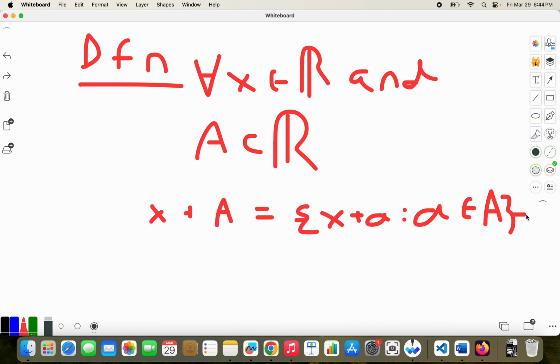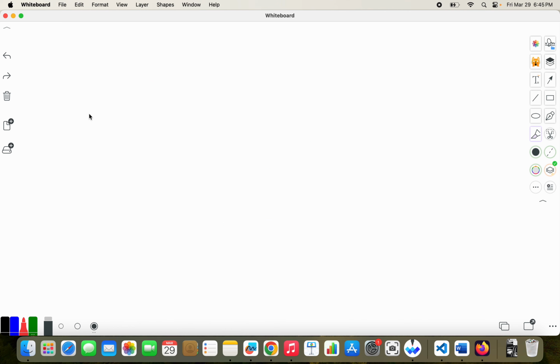So if you want to do 5 plus the natural numbers, you add 5 to everything. So the set will be 6, 7, 8, 9, 10. So basically just adding a specific value to each of the elements. This is what we define.